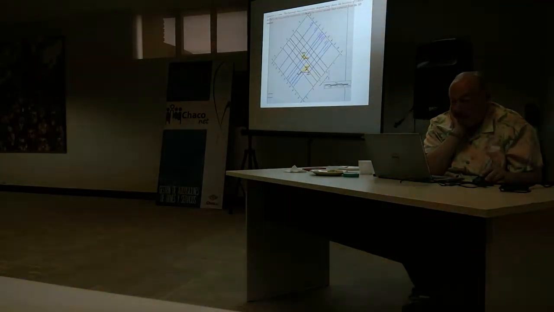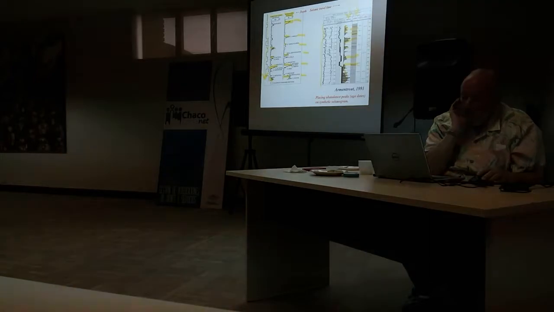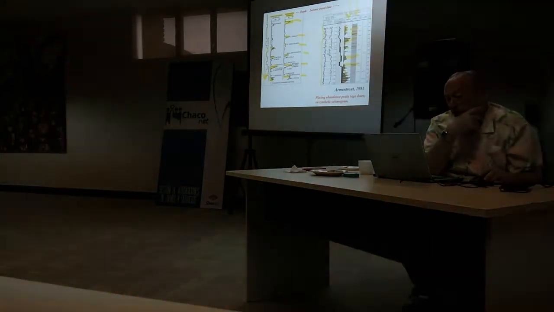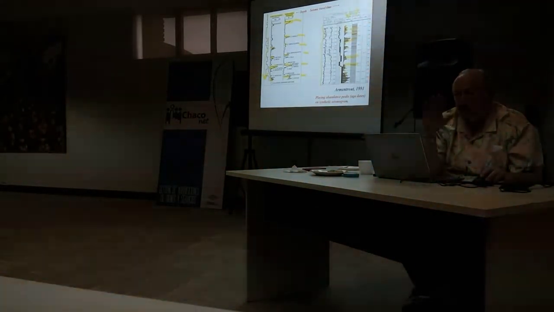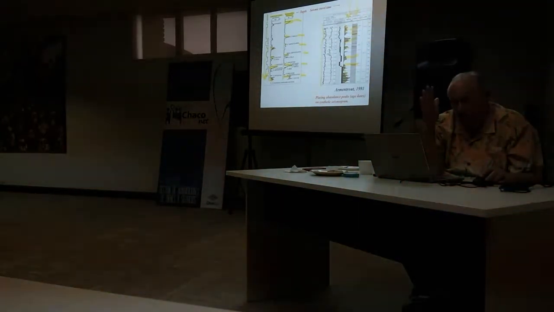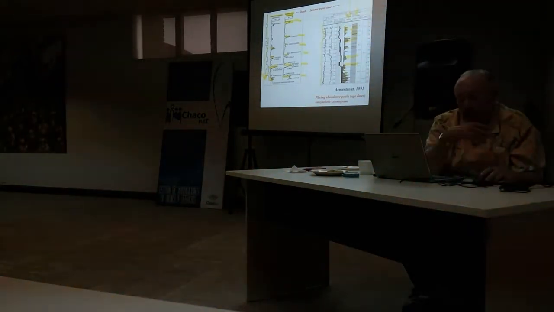Now, what I said here was that you can convert log depth into seismic two-way travel time. Well, you can also do the reverse. If you've got a seismic section, two-way travel time, you can convert that to depth in feet or meters.